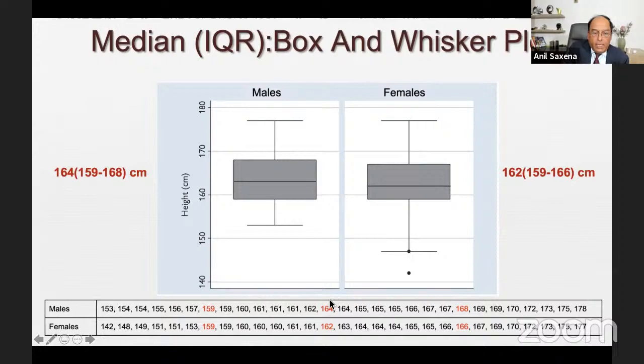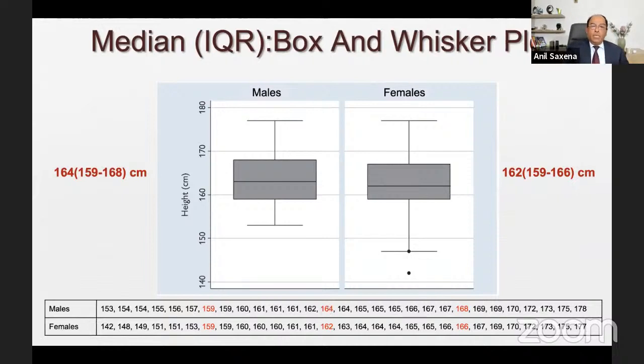The central value is called the median. If it's an odd number, it will be one value, like in this example it's 164. If it is an even number, you will have two values in the center and you have to take an average of that. So that becomes the median.